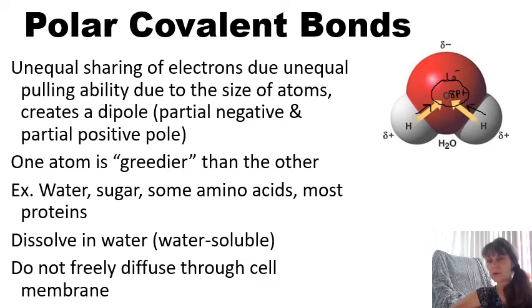So even though there are electrons from oxygen being shared with hydrogen some of the time, so 1 electron from oxygen will play in the backyard with hydrogen, and 1 will play over here, the electrons tend to spend more time in oxygen's backyard.